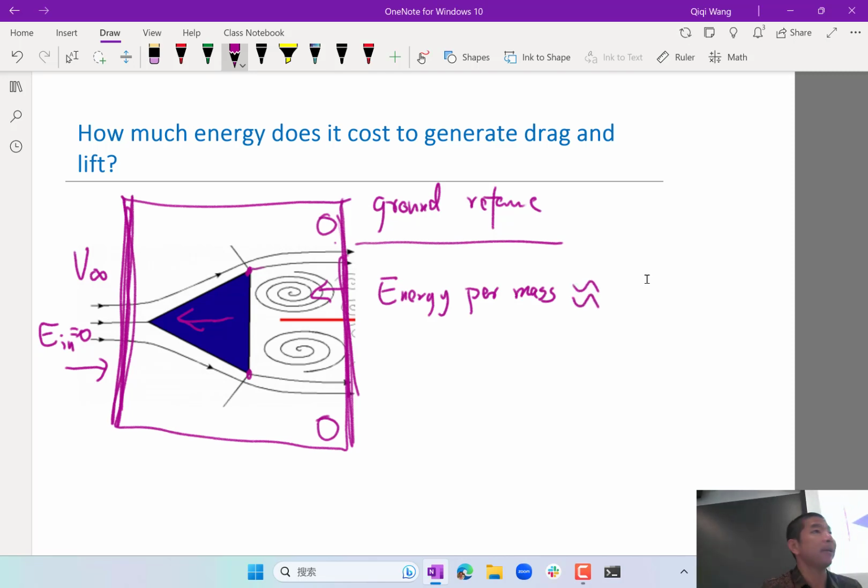The reason it is approximately equal is because the velocity is not exactly equal to the velocity of the solid body, but approximately equal. So half of V infinity squared, right? So basically, to generate drag, you have to dump energy into the flow. There are moving air particles trailing behind you. So that is true for anything that has a drag.